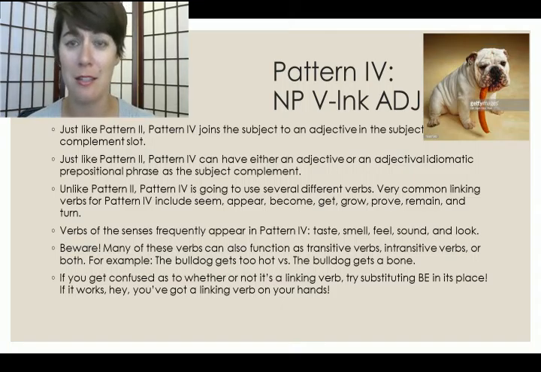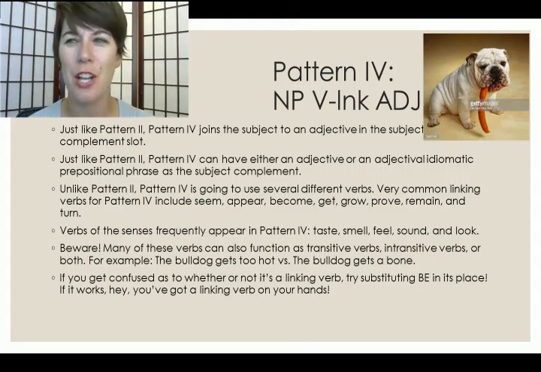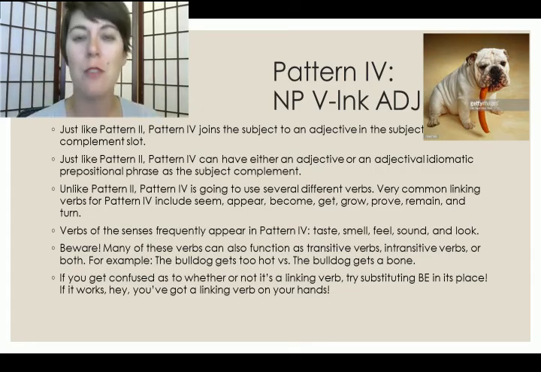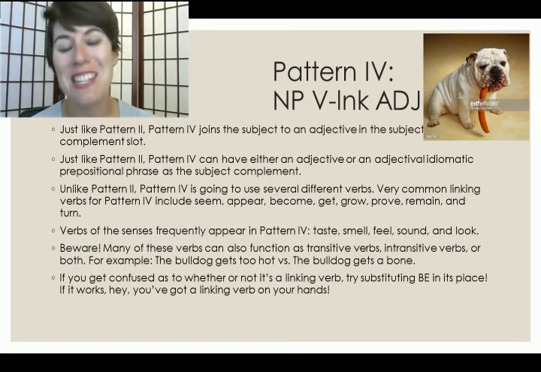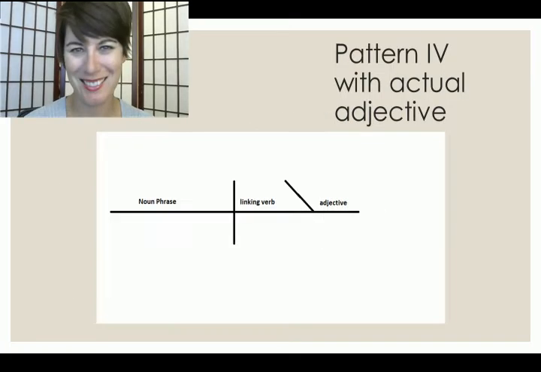The bulldog is too hot, and it would make total sense. Whereas if I tried to do it in the second sentence, the bulldog gets a bone, I'd come up with something different. The bulldog is a bone, which is obviously different than the original meaning of the sentence. So presto, that handy trick can tell you if you are dealing with a linking verb.